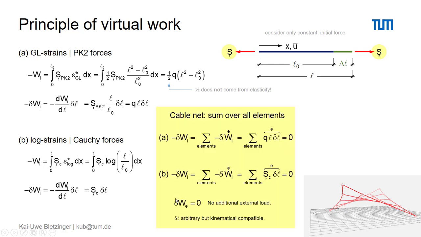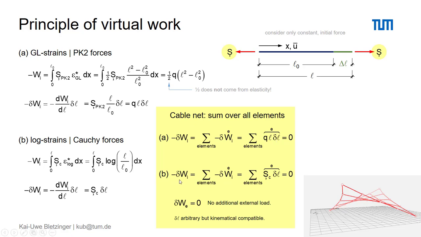For all of that, you have to take the sum of all elements, which define our cable net. So along these two approaches, A, the force density approach, and B, the complete nonlinear approach, we sum up these terms for each element. The superscript means that we take here for element E the respective force density, the respective length, and eventually also the respective variation of the length.